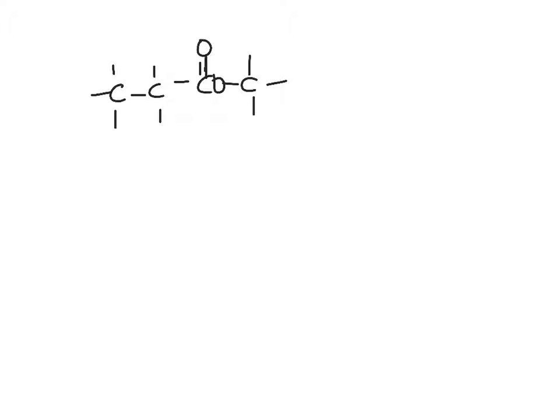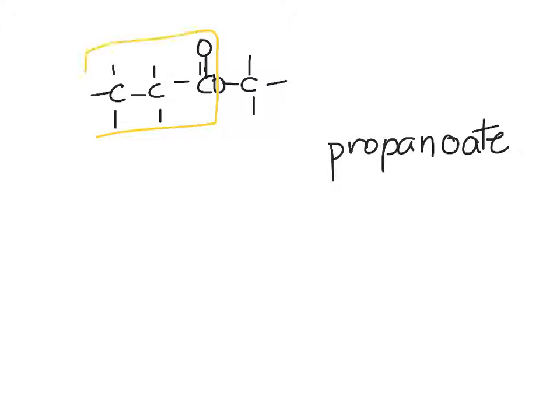The acid part would be propanoate, because it's propanoic acid, so it's propanoate. This part, the part that contains, yeah, you just look for the C double bond O. You go out from the C double bond O, and that's the acid part.